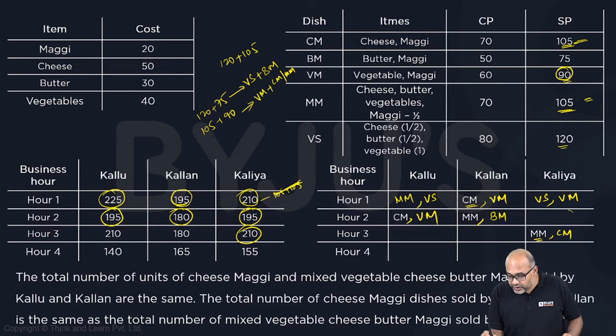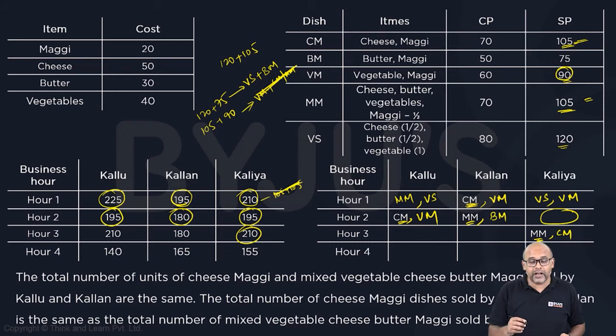So we are talking about this space, second hour of Kalia. Now remember, second hour of Kalia cannot be CM also, because CM is there only for Kallu and Kallan, and MM is there only for Kallan and Kalia in these respective hours mentioned, and nobody else is doing this again. So CM and MM both are not a possible proposition for Kalia, which means this cannot happen.